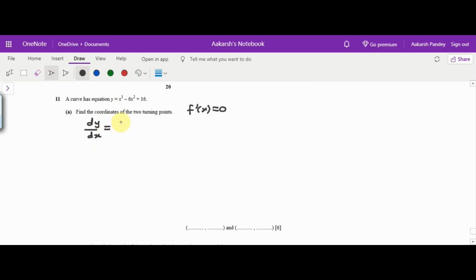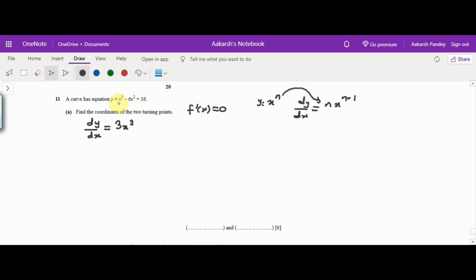If you have forgotten, when I have y equal to x raised to n, dy by dx, which is the differential of y with respect to x, is n times x raised to n minus 1. This n will jump down over here and the power will be reduced by 1. So if I have x cube, I'll write that as 3x square.